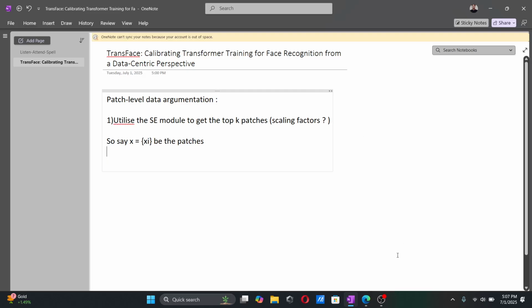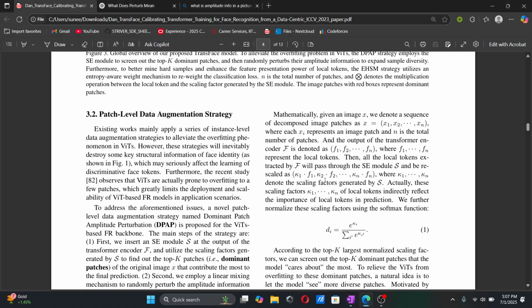So those are the sequence of patches that would be converted into some encodings, right? It's an image patch, and then there's the total number of patches and the output of the transformer encoder.